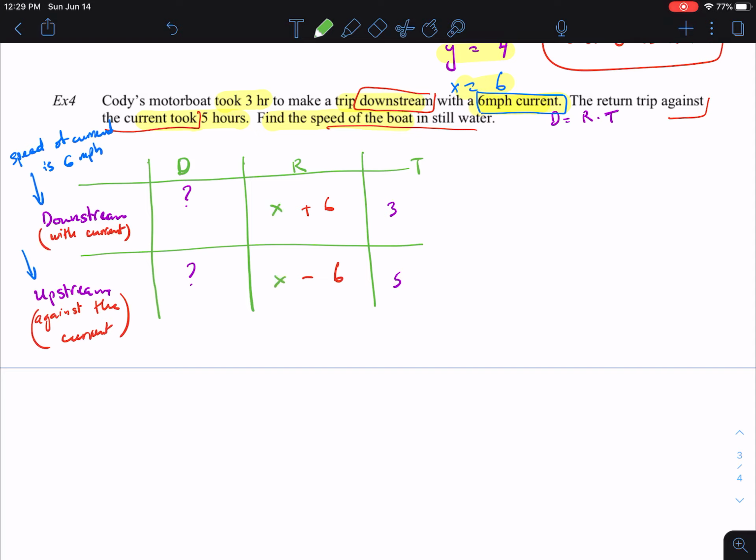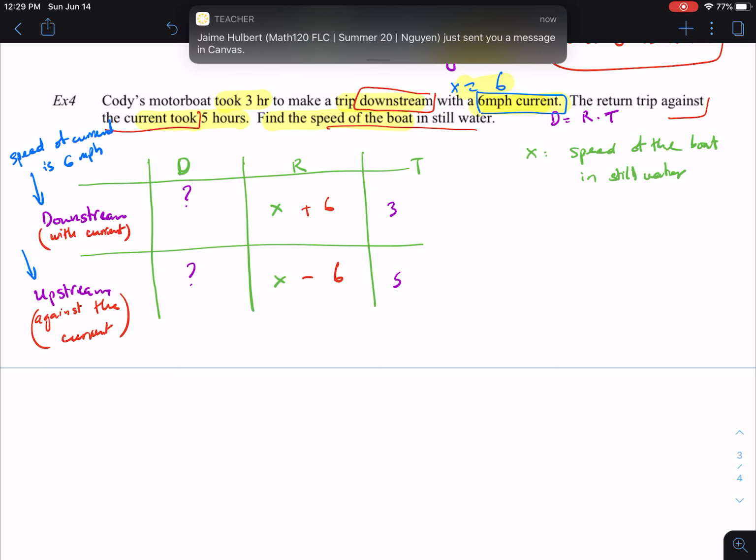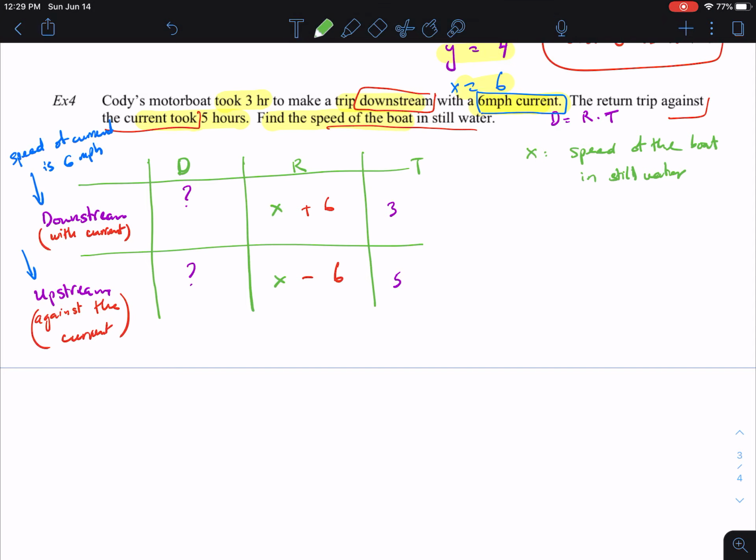Okay. So our x is going to be the speed of the boat in still water. What that means is whatever speed it shows on the speedometer. So that will be what you intend to go, versus the situation where you go against or with the current.